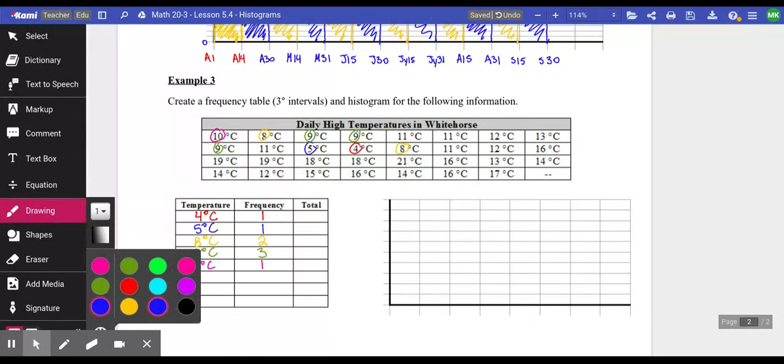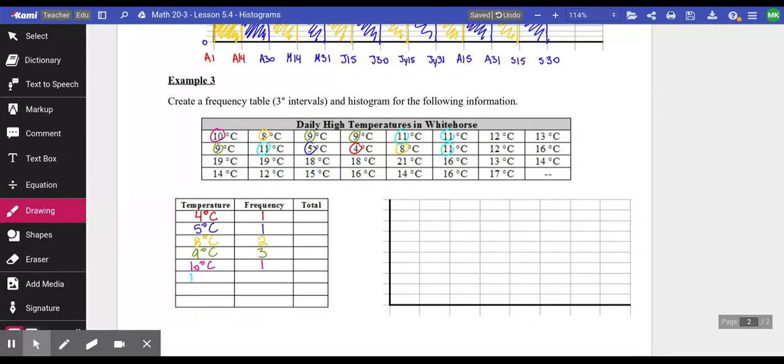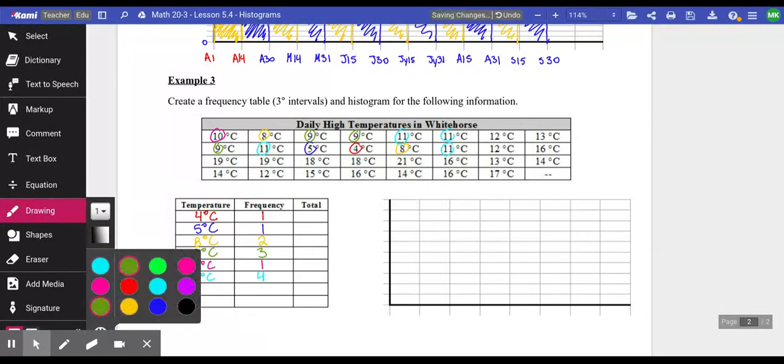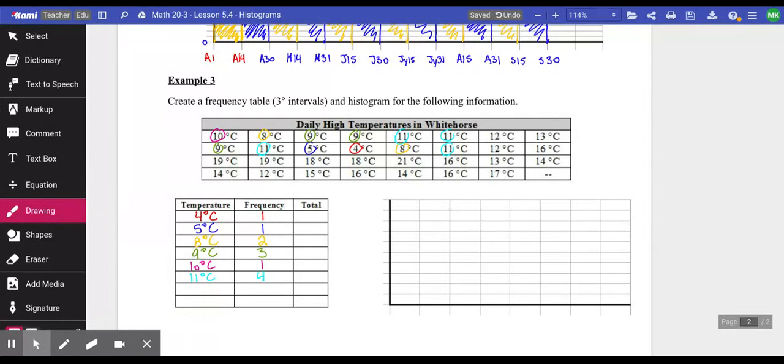The next highest temperature we see is 11. 1, 2, 3, 4. 4 times. Next highest we see is 12, and there's a couple of them, I think. 1, 2, 3.